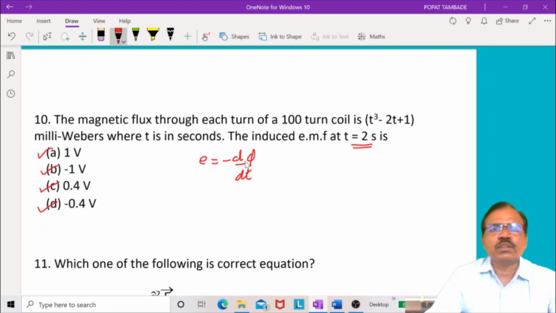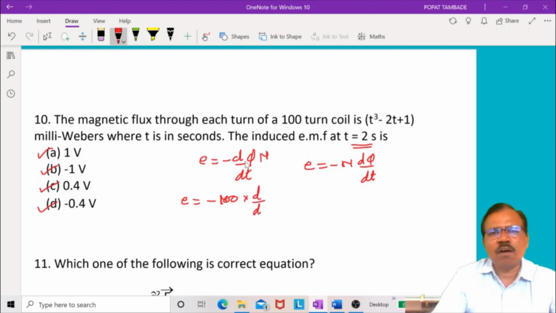Now here we have 100 turns. Suppose there are n turns and flux through each turn is phi, then we write n phi. So E is equal to minus n dφ/dt. Here n is 100, and the flux is t cube minus 2t plus 1.